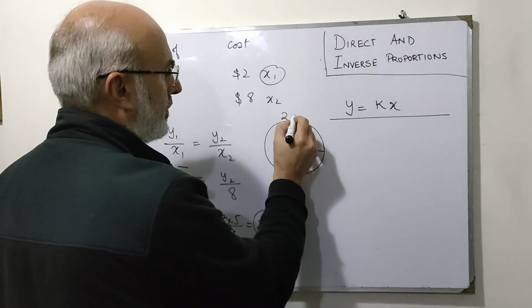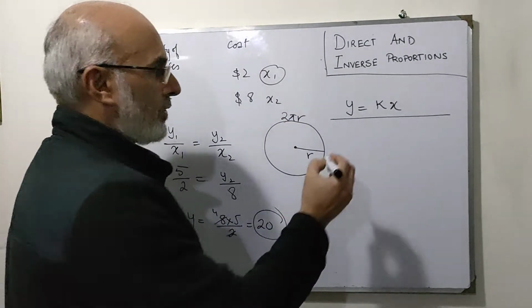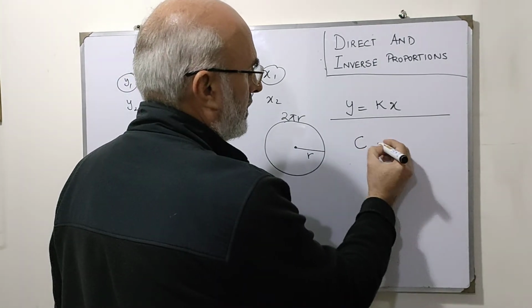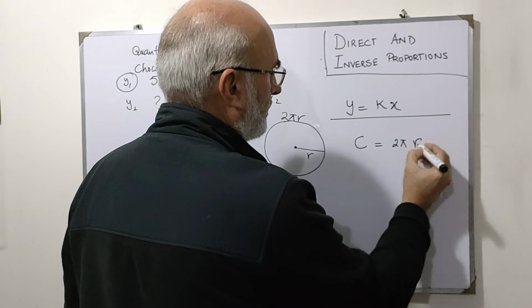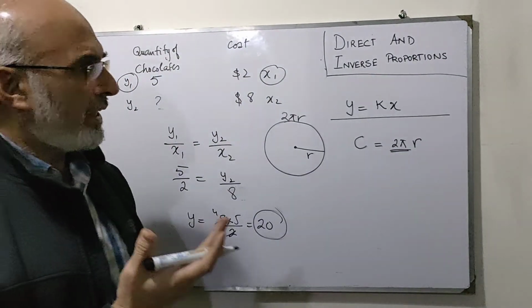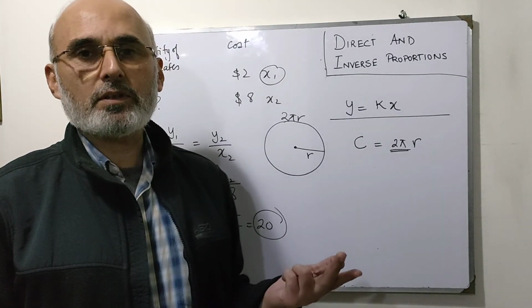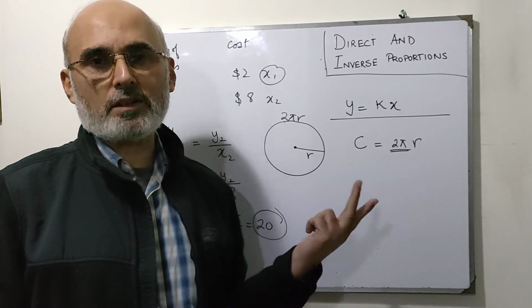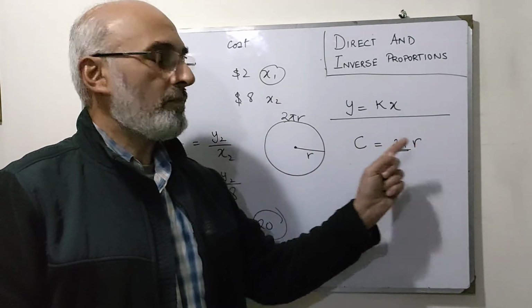What do we say? Circumference is 2 pi r, right? Now what is this? Although they are two quantities, 2 is a constant and pi is a constant. So constant into constant is a constant, right? This thing remains constant.